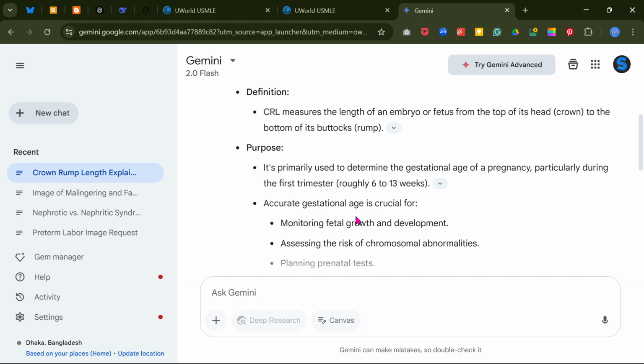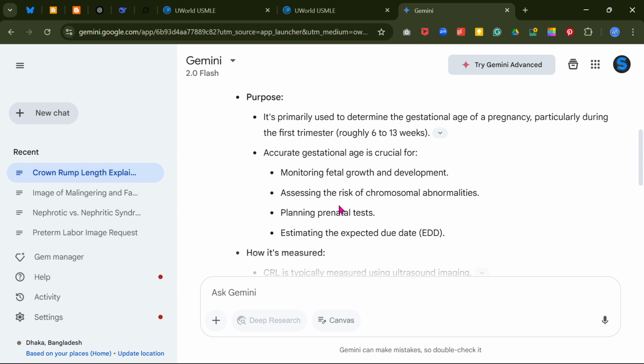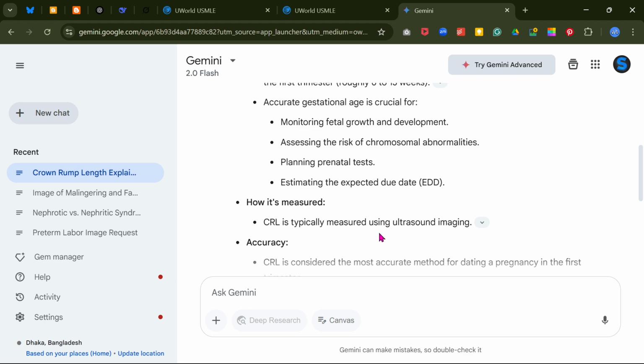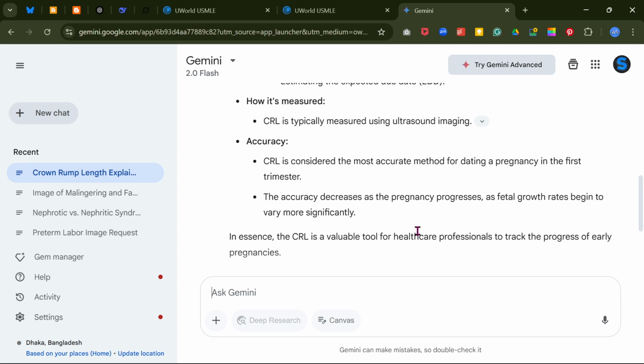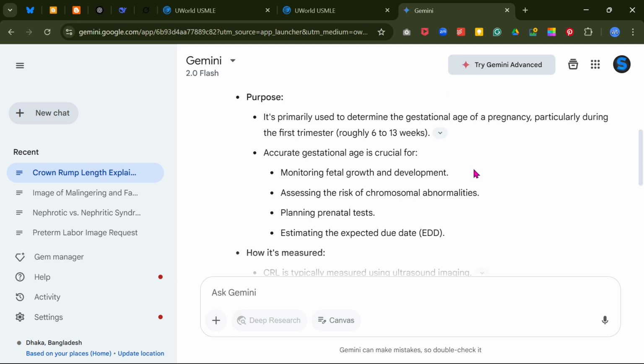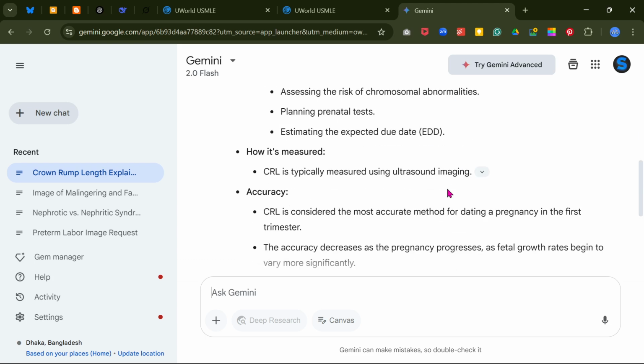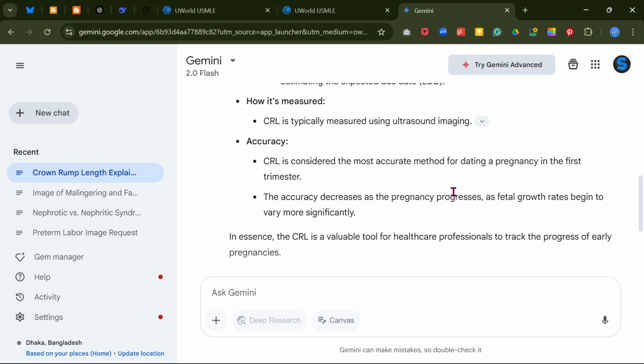Accurate gestational age is crucial for monitoring fetal growth and development, assessing the risk of chromosomal abnormality, planning prenatal testing, and estimating the due date. It is usually measured using ultrasound imaging, in the first trimester dating scan. Okay, now I got the point.